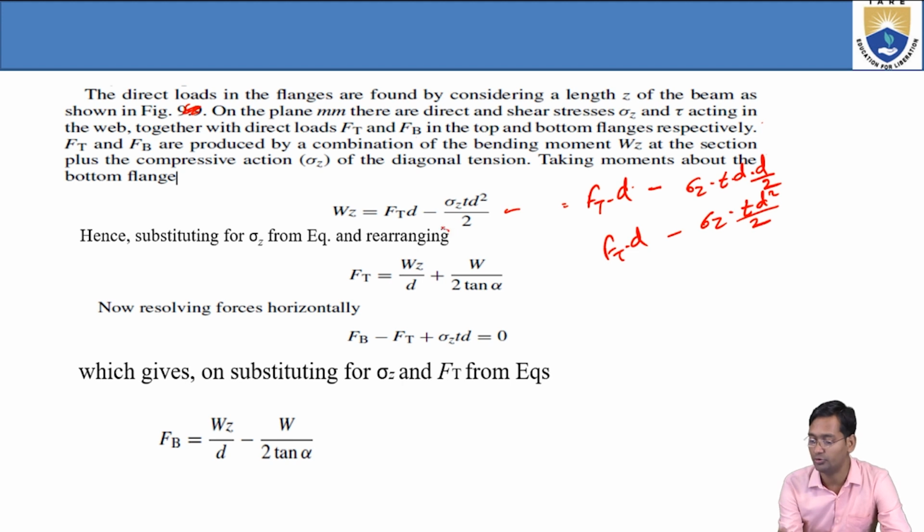Ft is acting in tension, but sigma z is acting in compression; still, this is also a moment only. Moment and moment we can add, and compare with the bending moment. So Wz equals Ft into d, where Ft is the force at the top flange, minus sigma z t d square by 2. Hence, substituting for sigma z from the equation and rearranging.